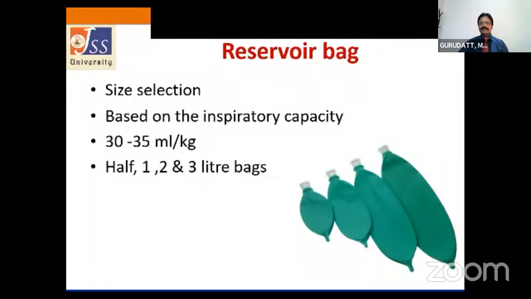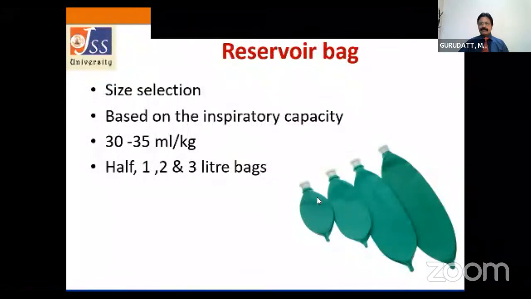Inspiratory capacity is a combination of inspiratory reserve volume and the tidal volume. A patient can maximally breathe at a time up to his inspiratory capacity. So if the bag can provide this amount of reservoir for the patient, even if he breathes to his inspiratory capacity, then it is an ideal size of bag.